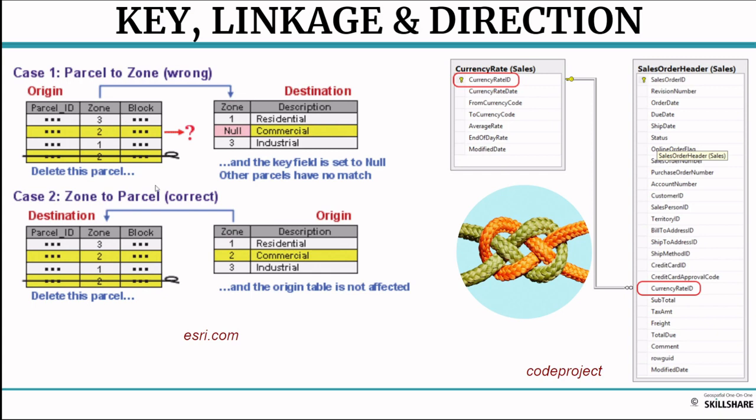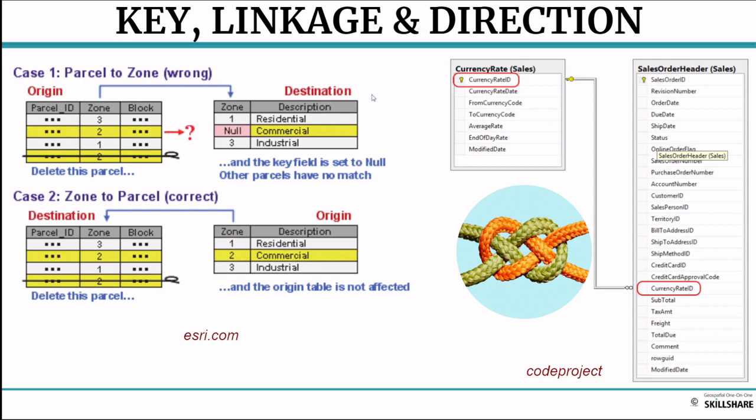Here, if you look, there's one table concerning a parcel, the zone it's in, and the block the parcel is in. There's also another table concerning the description of the parcel, whether it is a parcel zone for residential, commercial, or industrial purposes.